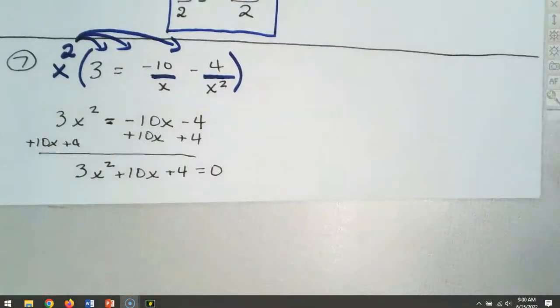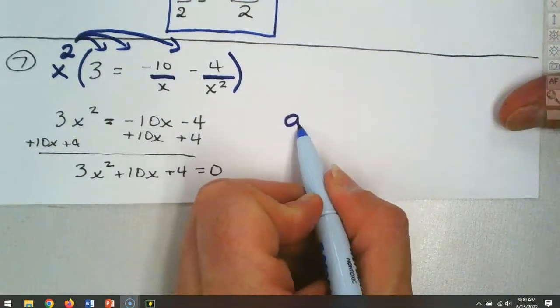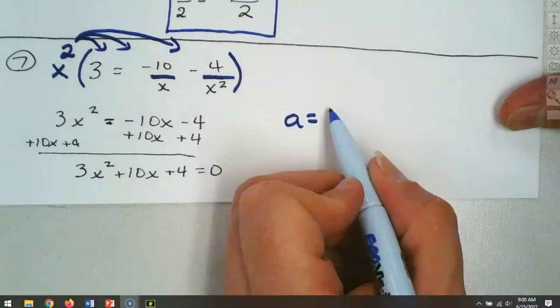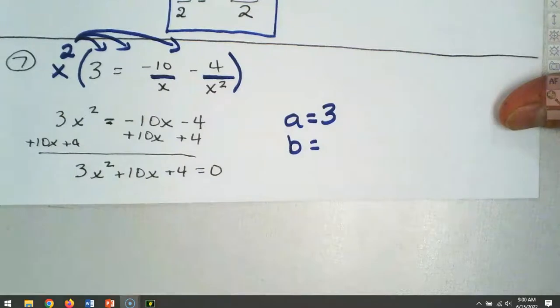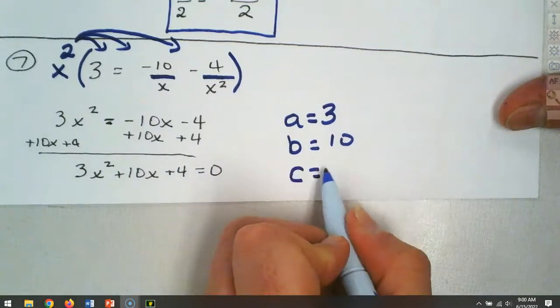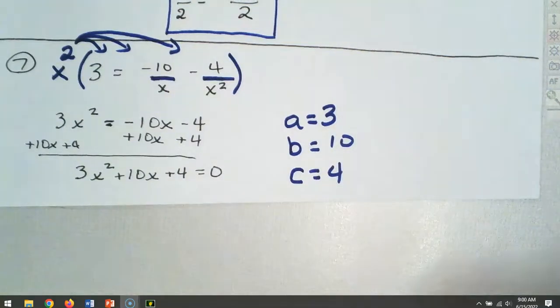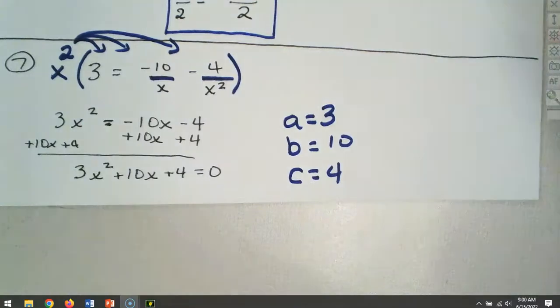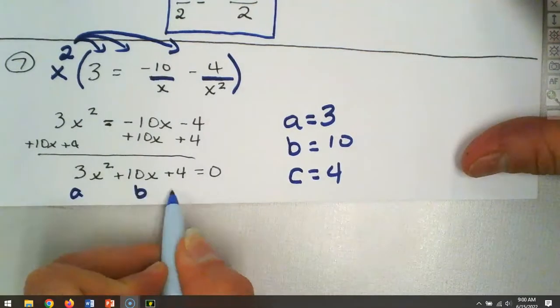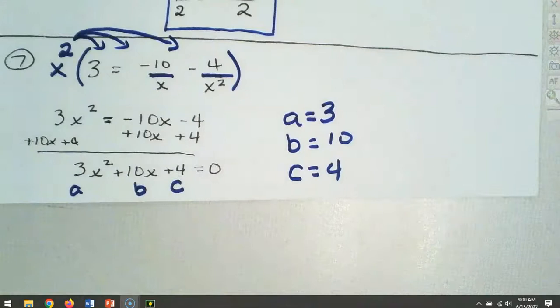So what are our values for a, b, and c going to be? Well, a is the number in front, so a is 3. b is the part with the x, so b is 10. And c is 4 on the end. So a, b, and c. It's in the correct order. We've got our pieces. Now we can apply our quadratic formula.